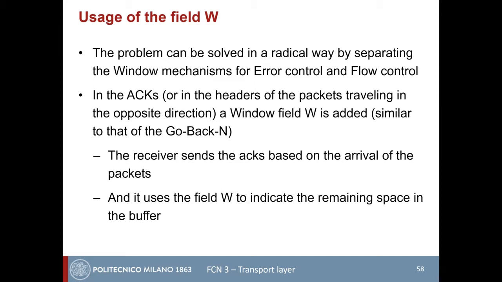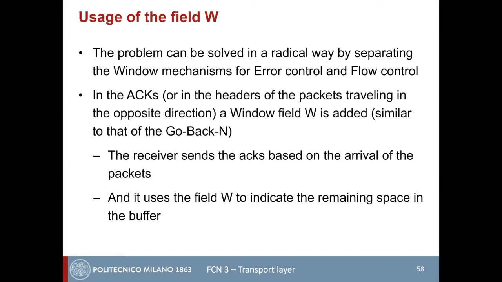If the sender adjusts its window according to this value, then it starts limiting by itself the rate of the transmission. So it will stop before starting to retransmit packets, and it will avoid going on to transmit other packets. So this is basically the trick.